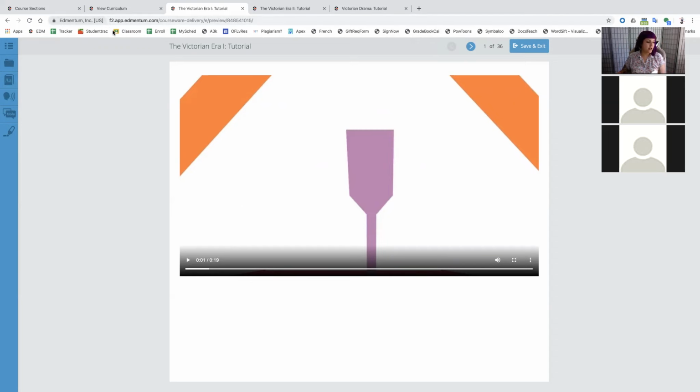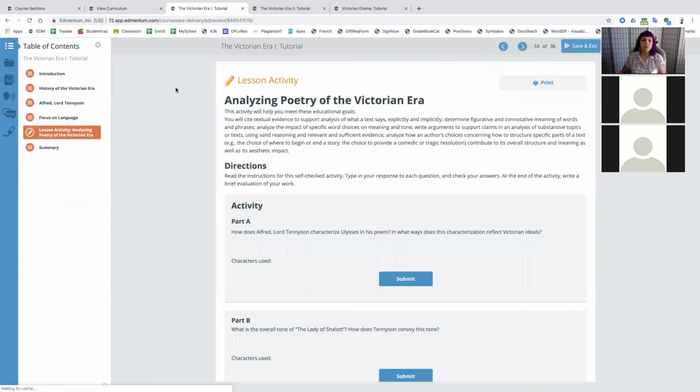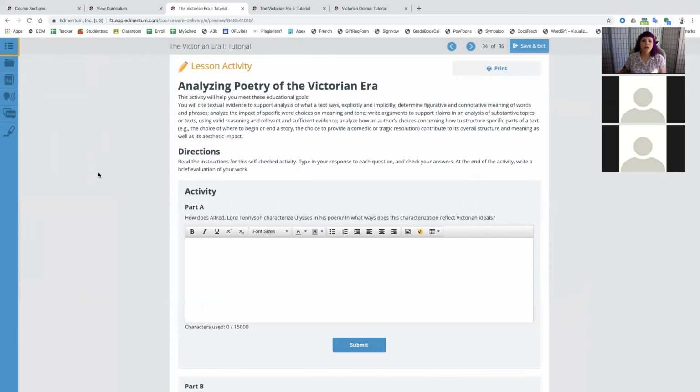All right, so for this first Victorian era one, we looked at some poems from Alfred Lord Tennyson, who's a very famous Victorian poet.